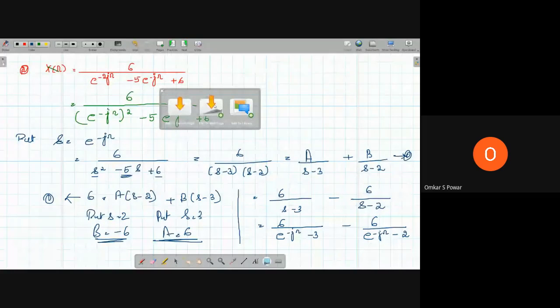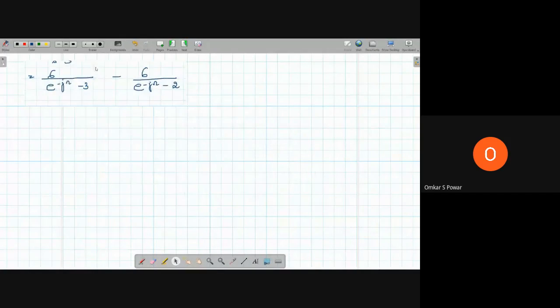Okay. So you can further simplify this one. You can write it as 6 divided by 2 minus e power minus j omega, because I have taken 2 to this side, minus into minus plus, and minus 6 divided by 3 minus e power minus j omega.